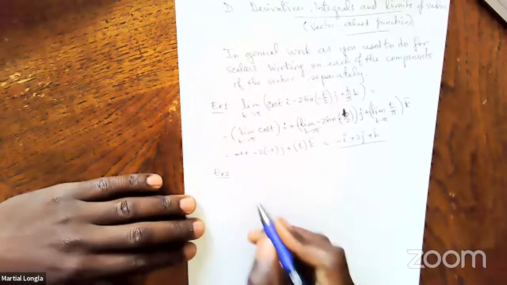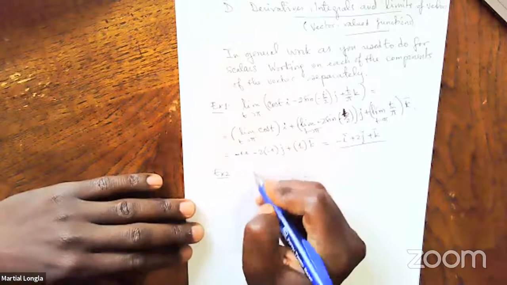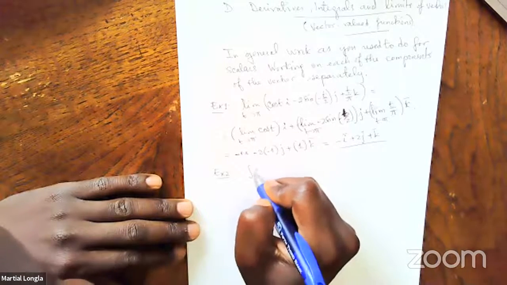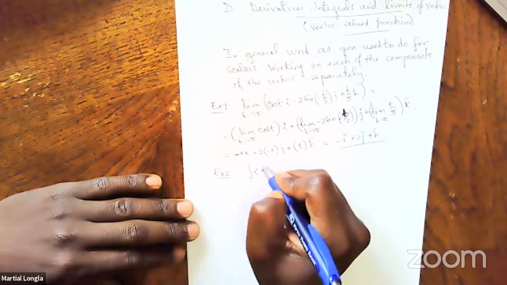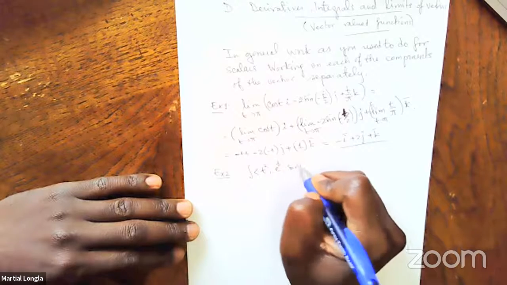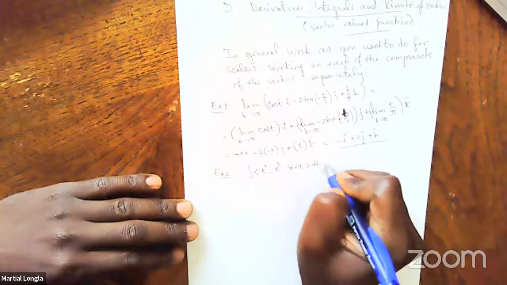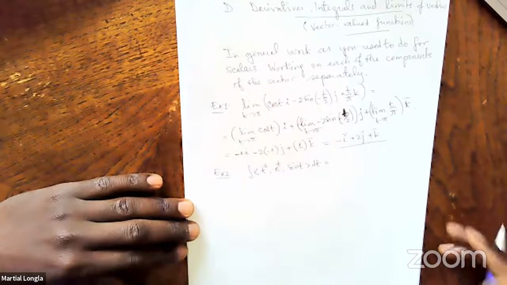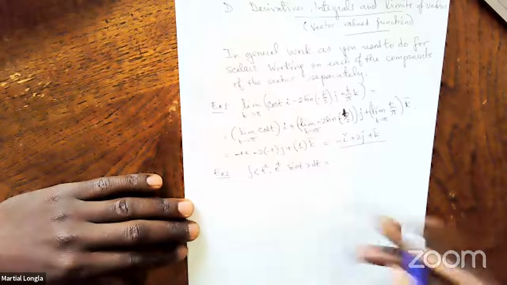On the second example, let's say we have to find the integral of t squared, e to the t, sine t dt. What I said was, think of it as component-wise.